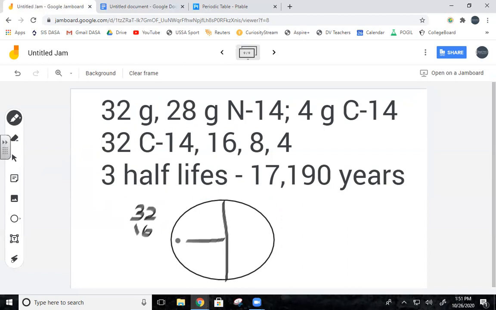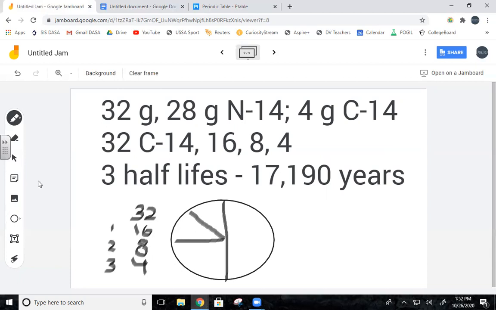After another, we're down to 8. And then one more, we're down to 4. 1 half-life, 2 half-lives, 3 half-lives. You see how that worked?